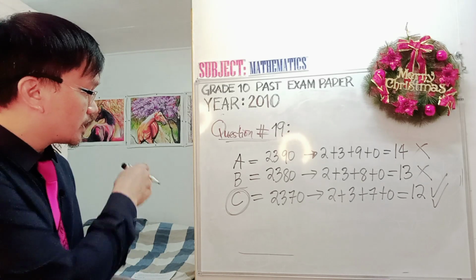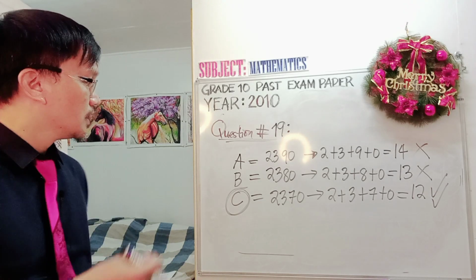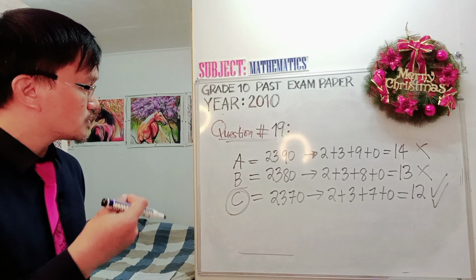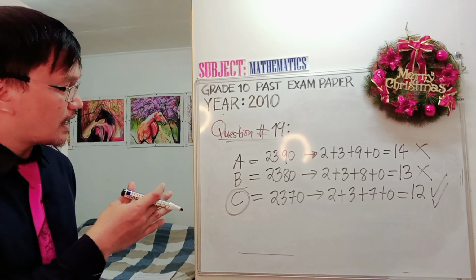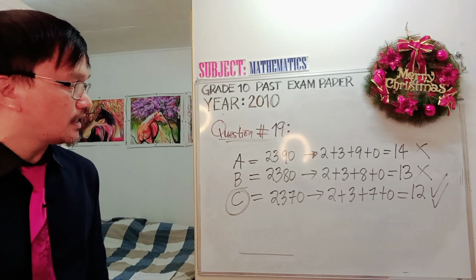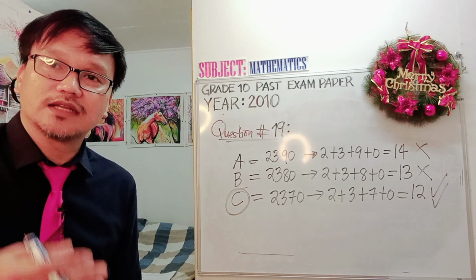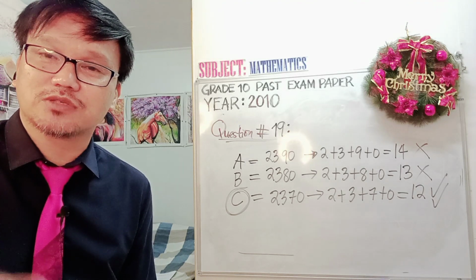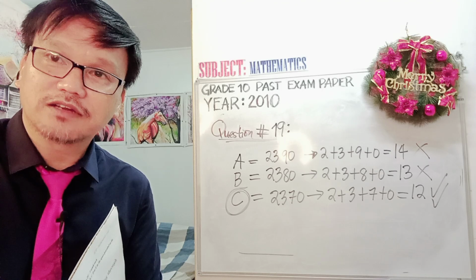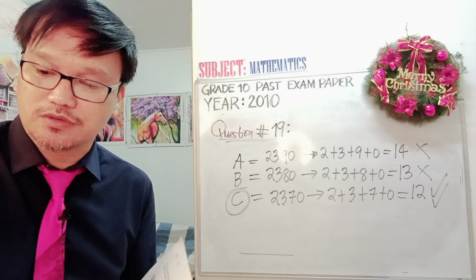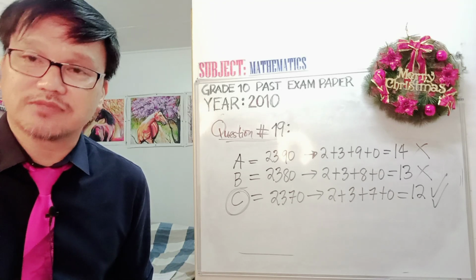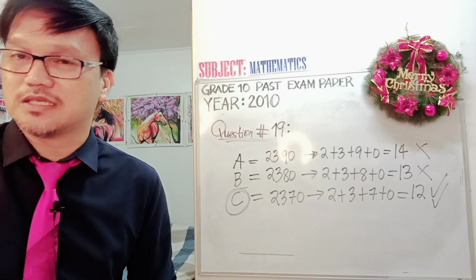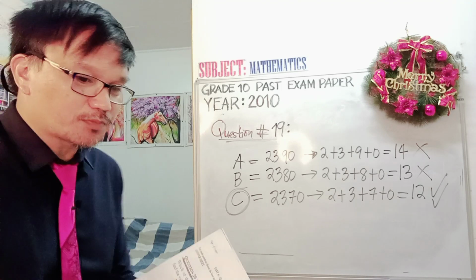From the rules, letter C, 2,370, when we add all the digits, gives us the sum of 12, and 12 is divisible by 3. So the correct answer for this one is letter C. Grade 10, I want you to remember the rules of divisibility. Okay, next one, let's proceed now.